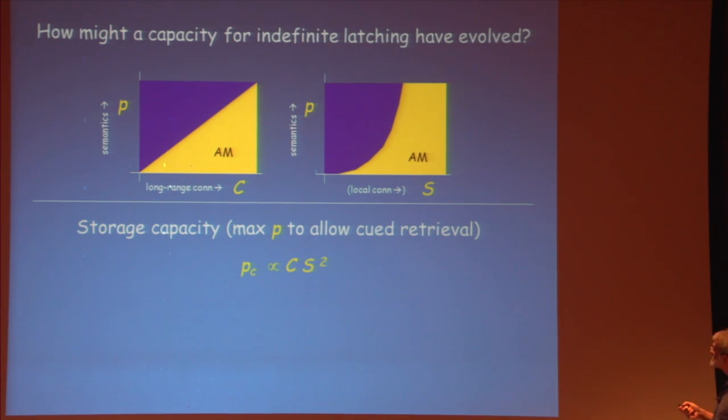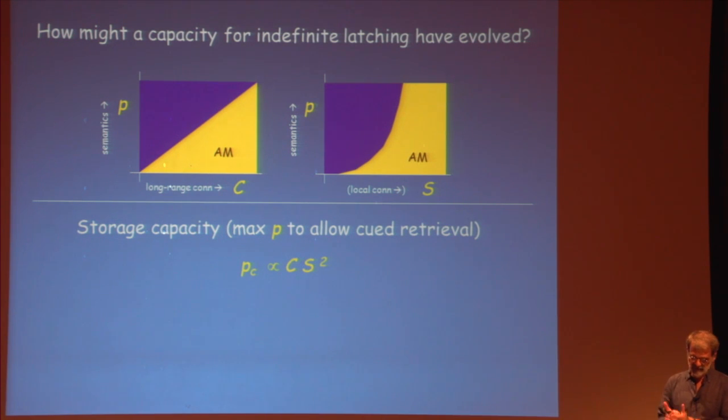So here I plot two diagrams, one in which the x-axis is this measure of long-range connectivity, the number of connections that a Potts unit receives from all other units. And in the other diagram, the x-axis is the number of states of a Potts unit, which in this model would indirectly be a reflection of the local connectivity.